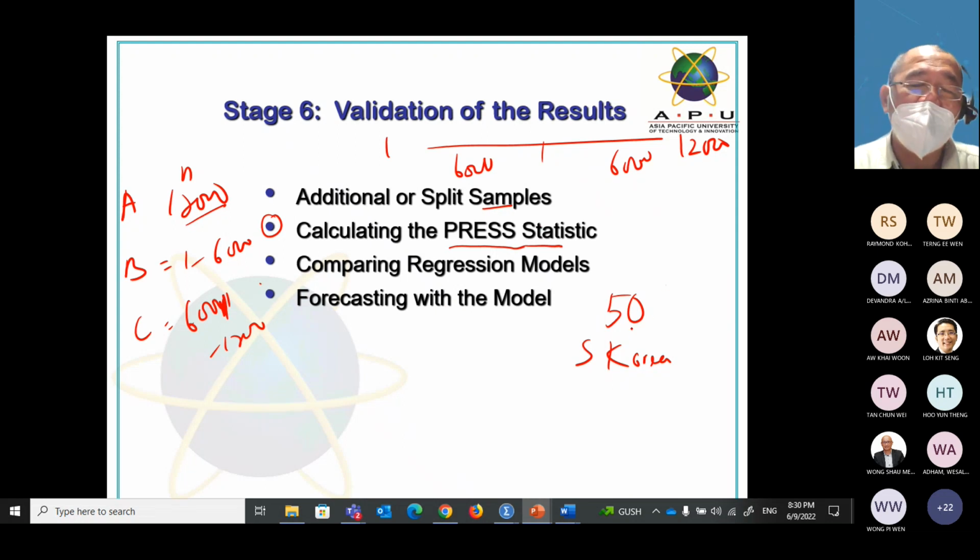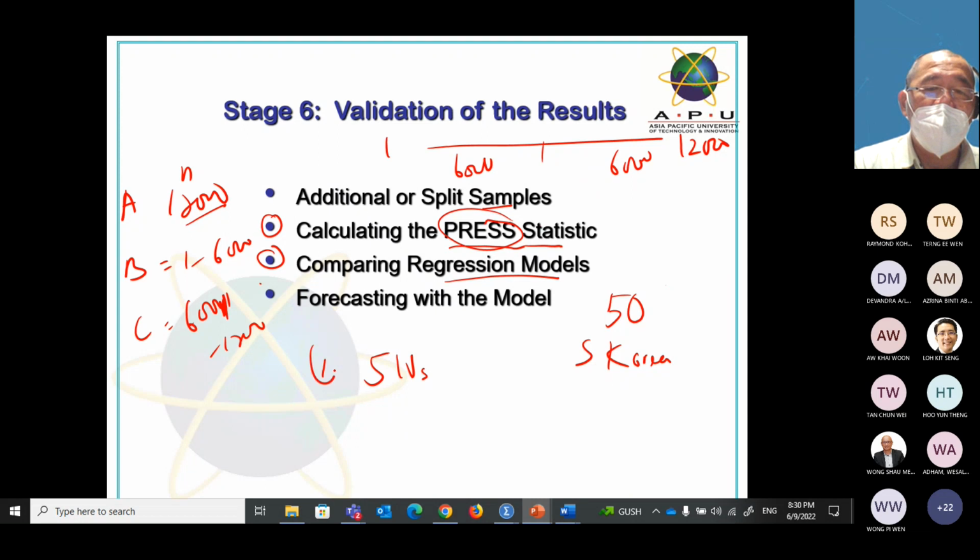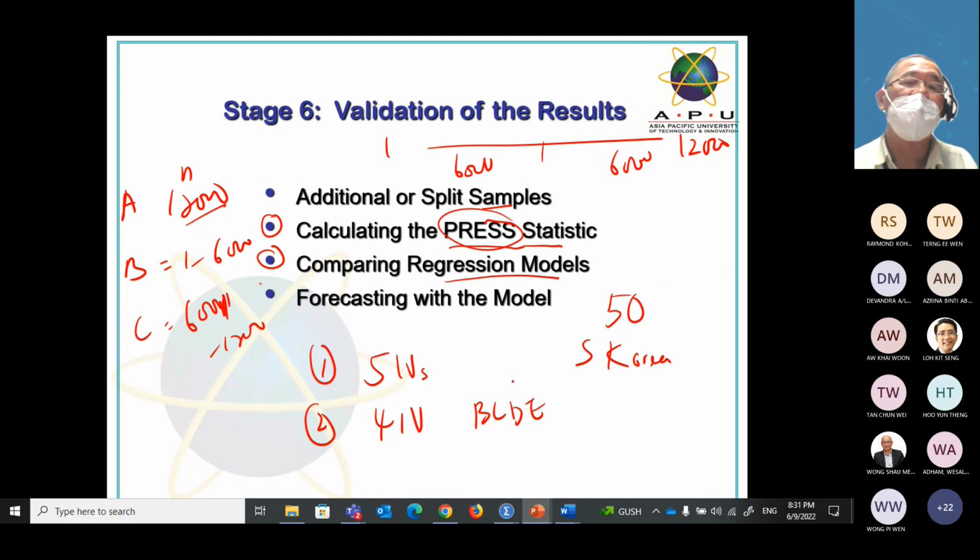So remove one company, test like that, and finally you can get the price statistics. You can also compare regression models. Let's say you have 5 independent variables. Model 1 is the full model. For model 2, you only put in 4 independent variables. For example, A, B, C, D, and here you take B, C, D, E. You compare the models.